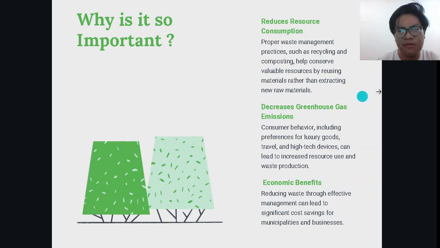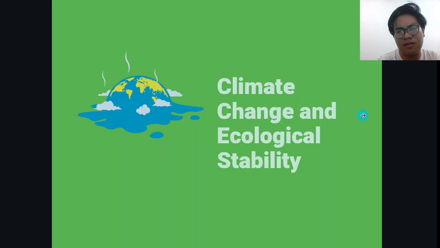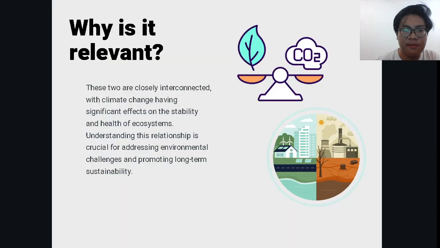Now, you're wondering why we're suddenly talking about climate change and its relevancy to ecological stability. Well, it's because climate change and ecological stability are closely interconnected, with climate change having significant effects on the stability and health of ecosystems. Understanding these relationships is crucial for addressing environmental challenges and promoting long-term sustainability.